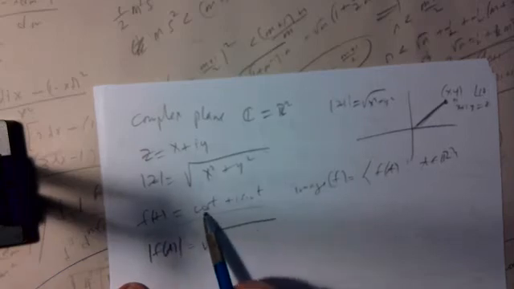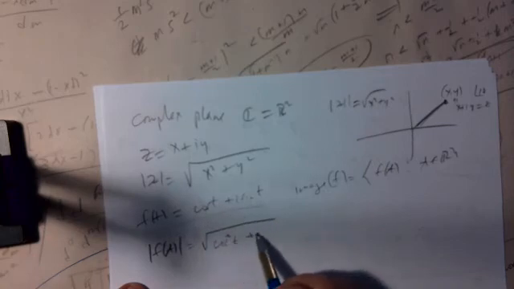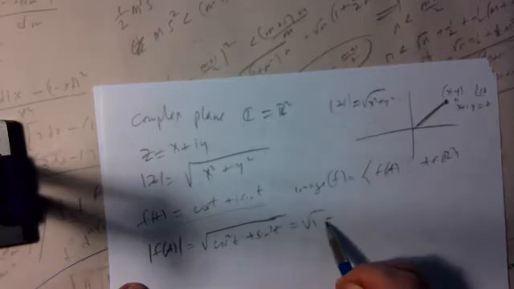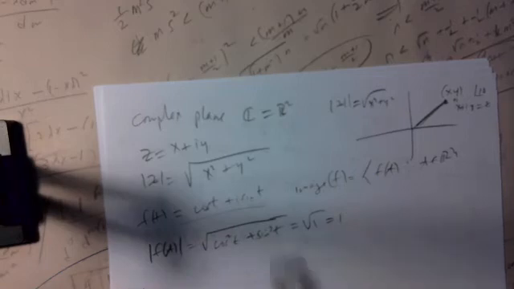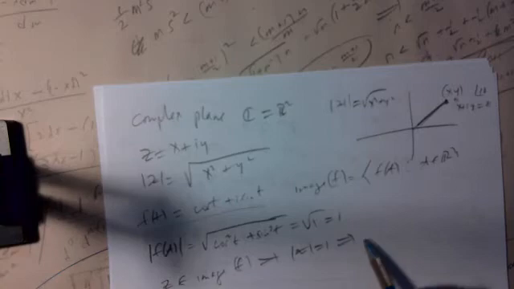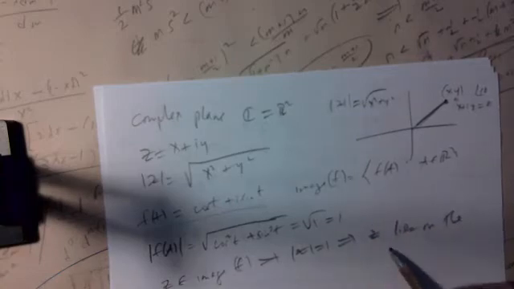It's the square root of, this is the x and this is the y, cosine squared t plus sine squared t, but that's the square root of 1, or 1. So if you take a complex number in the image of f, then the absolute value of z is 1. So z lies on the unit circle.